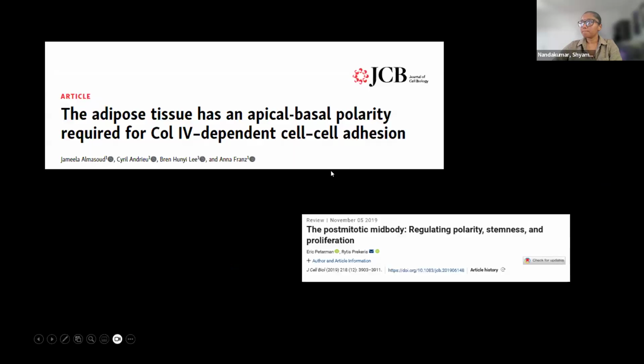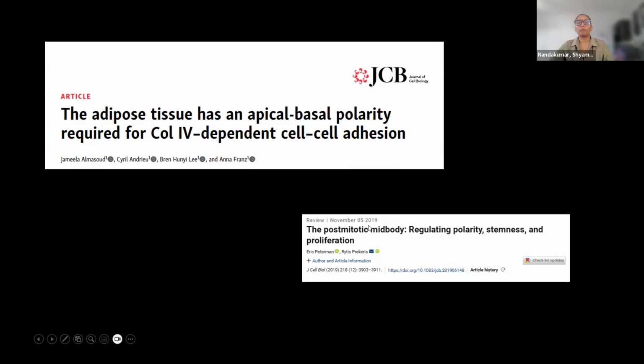So I just want to take a quick detour to point out that I've been thinking about the function of ring canals as it pertains to stress response because that's how my brain is wired. But a very, very recent paper from Anna Franz's lab that came out, I think, last week in JCB has revealed that the fat body has apicobasal polarity.